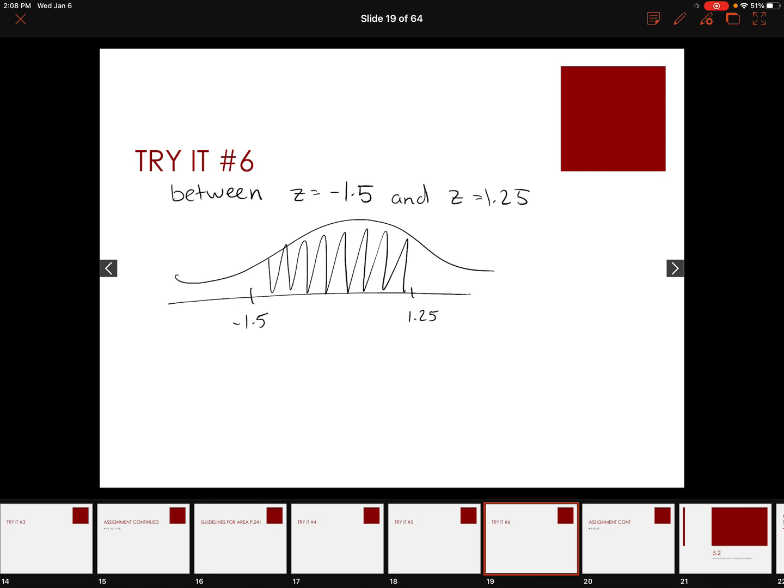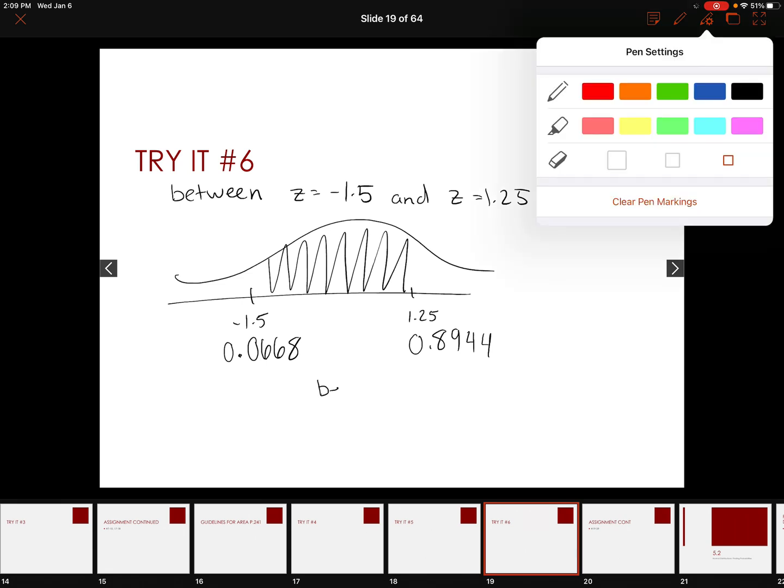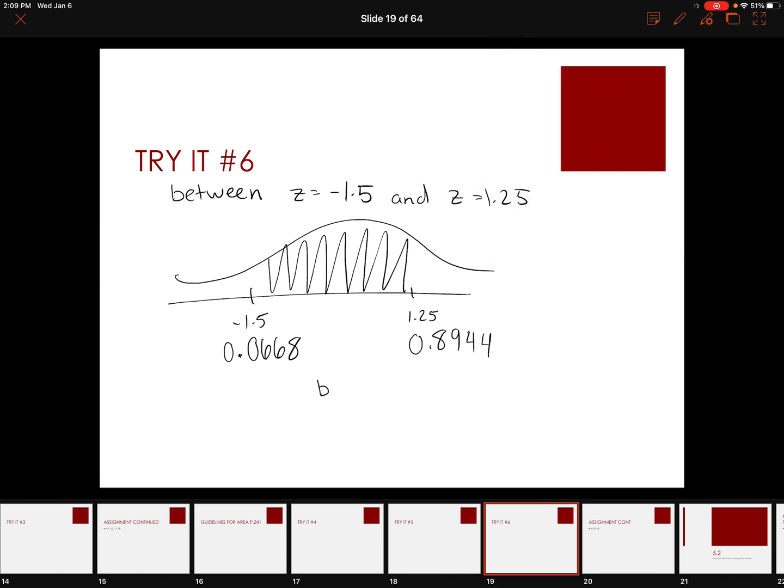So when I look at the table, at negative 1.5, I see 0.0668. And at 1.25, I see 0.8944. I always want to do the bigger minus the smaller, because I cannot have a negative area. Does it make sense? And when I subtract those, I get my area.